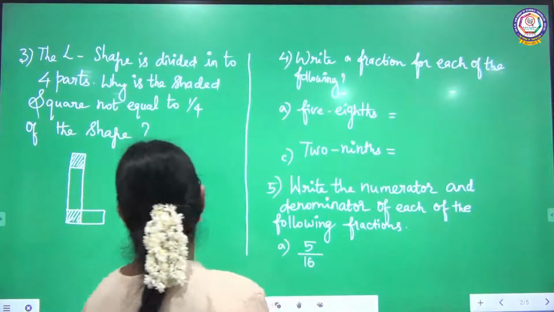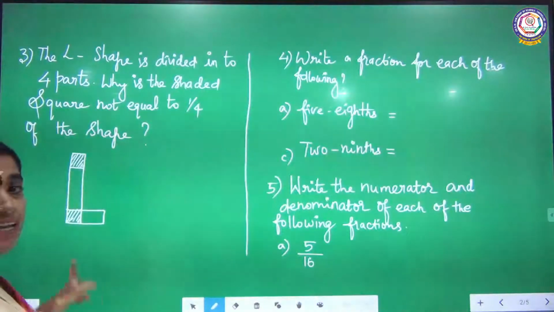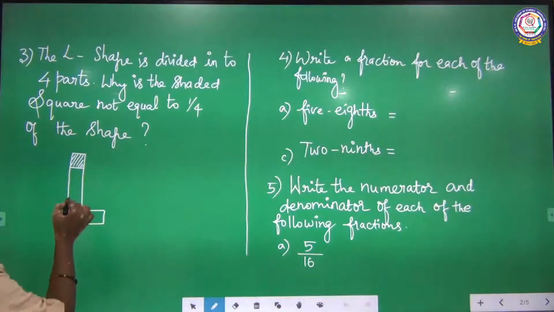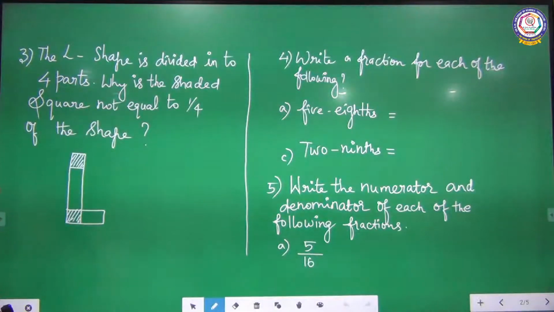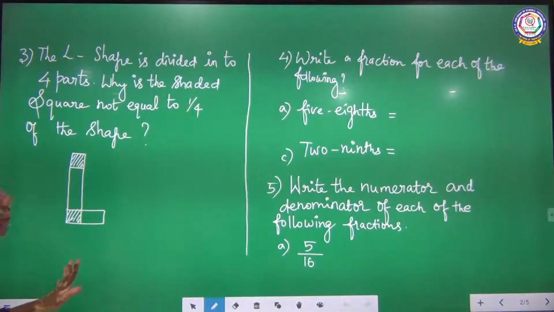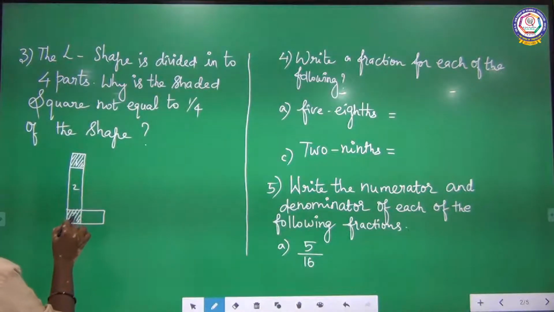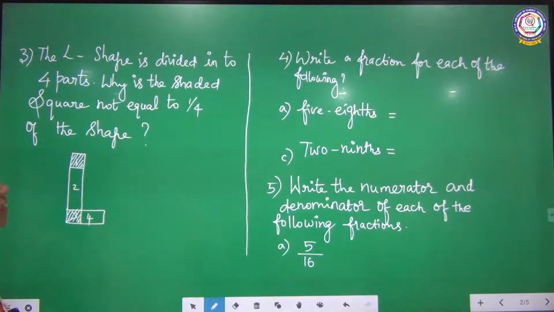See this. The L shape is divided into 4 equal parts. Is it? The L shape is divided into 4 parts. 1, 2, 3, 4. Got it?